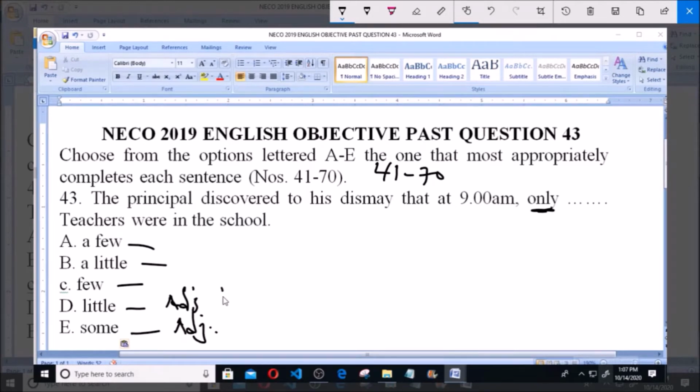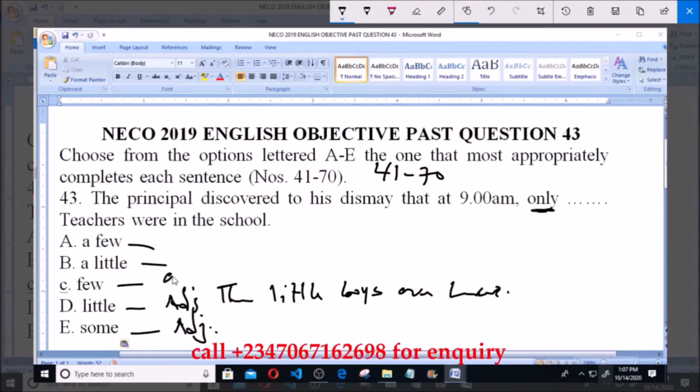We can say the little boys are here. Then when we talk of a few, option C, we can also use the word few without an article that will determine it, which is an article.